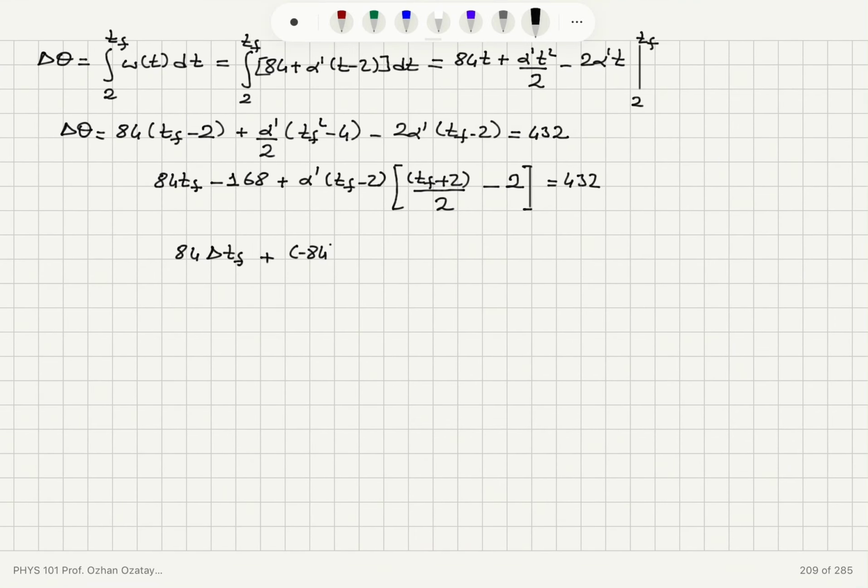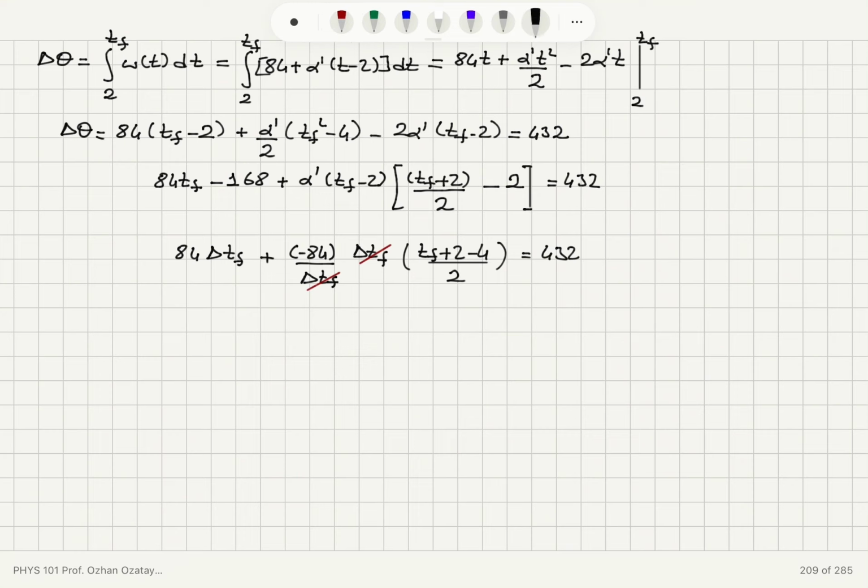So we can substitute here minus 84 over delta t final times delta t final. And then we have (t final plus 2 minus 4) divided by 2, parentheses. This is equal to 432. So one of the delta t finals cancels here.